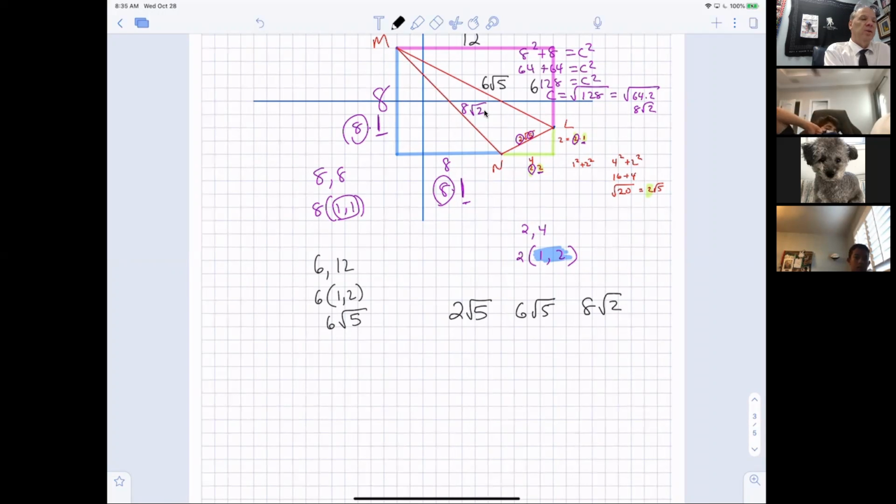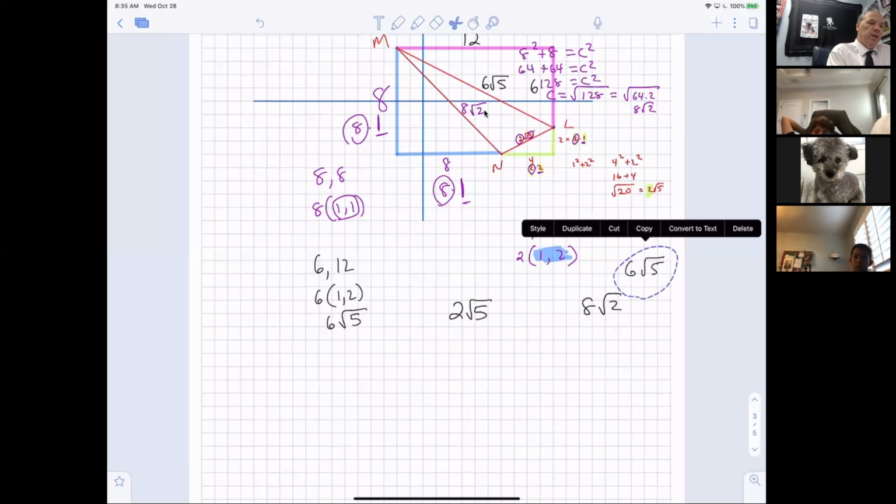And then what's the square root of 2? 1.4. In other words, it's less than what? Less than 2, right? So that's going to be less than 8 radical 2. Or, that's less than 6 radical 5, sorry. So 6 radical 5 is the largest.